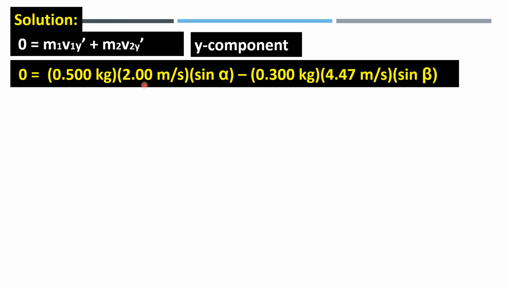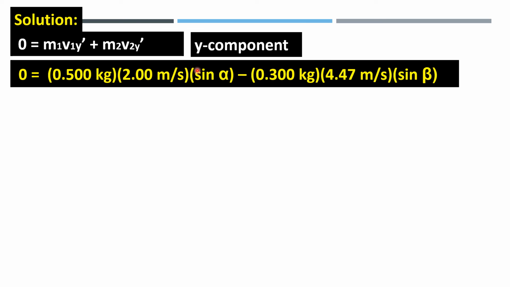But since the 2 meter per second given in the question actually makes an angle alpha, what we want is the y component.